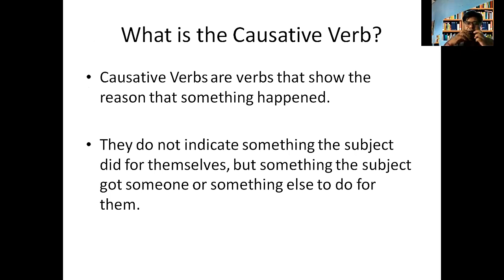But when we use causative verbs, then the subject does not do anything, but there is the object, let's say the agent. The agent does something, or something is done, the object is done, and the subject becomes inactive. Only the cause, someone needs to do.